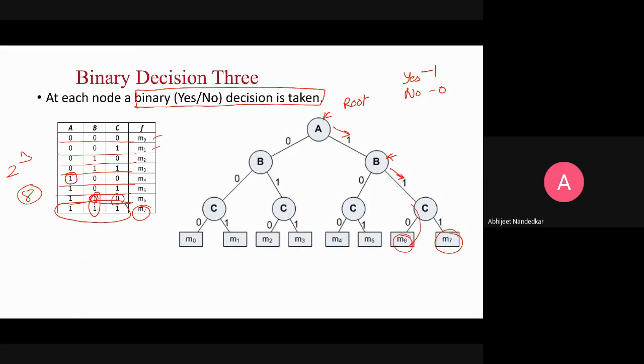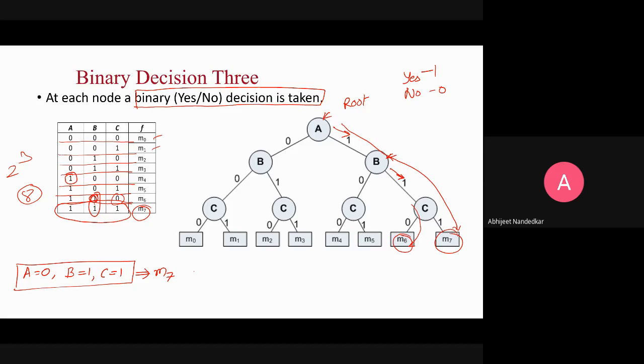Okay, so if I choose this particular path, that is A equal to 0, B equal to 1, C equal to 1, then the resultant category or class is M7.